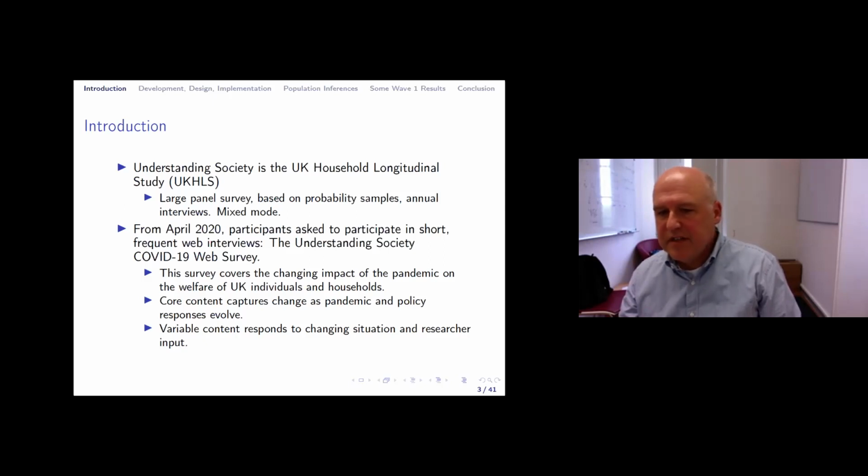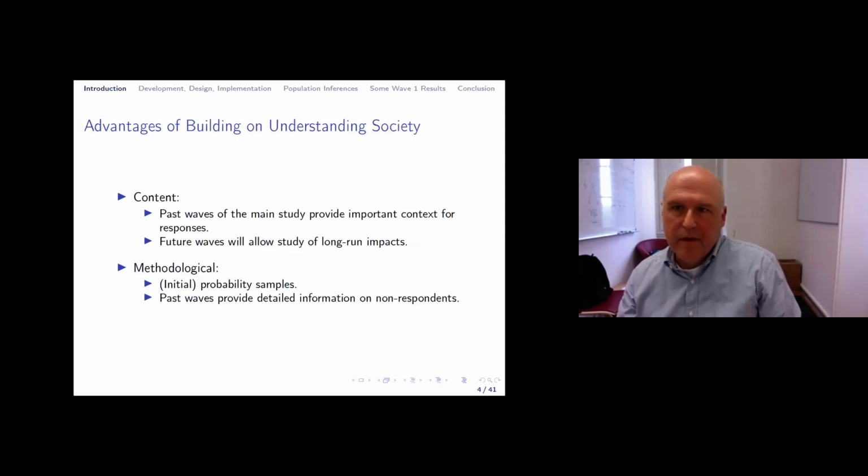It captures change as the pandemic and policy responses evolve. But we also have variable content that responds to changes in the situation, as well as, and I think this is an important point, to researcher input. So we're trying to be a researcher-driven study, and I'll describe how we do that in a bit more detail.